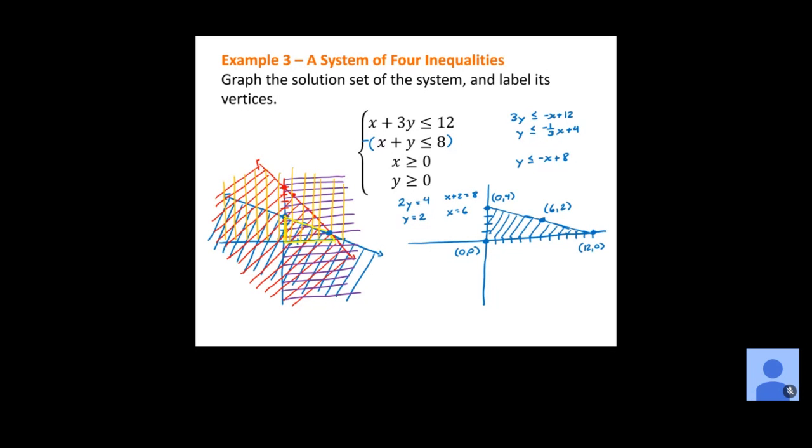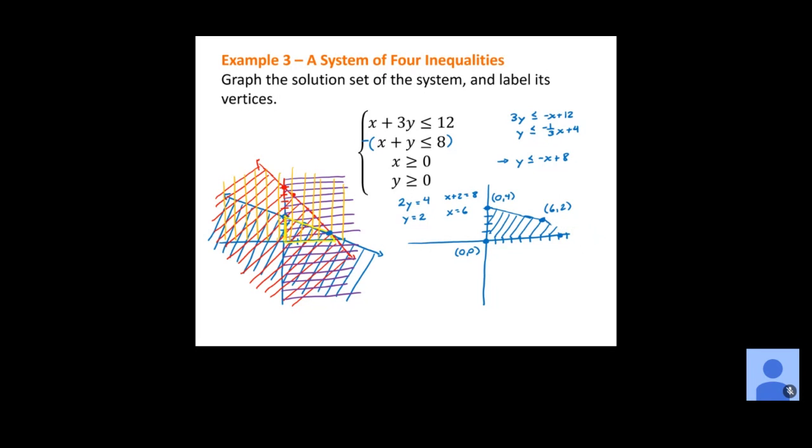Oh, and I apologize. I plugged into the wrong inequality for my x-intercept. I was supposed to use this one right here. And so if I plug in 0 for y, I'm actually going to get 8 for the x value. So this one should have actually been backed up a little bit. So let me fix that. That'll make more sense in terms of where this line actually was now too. So 1, 2, 3, 4, 5, 6, 7, 8 would actually be this point here.